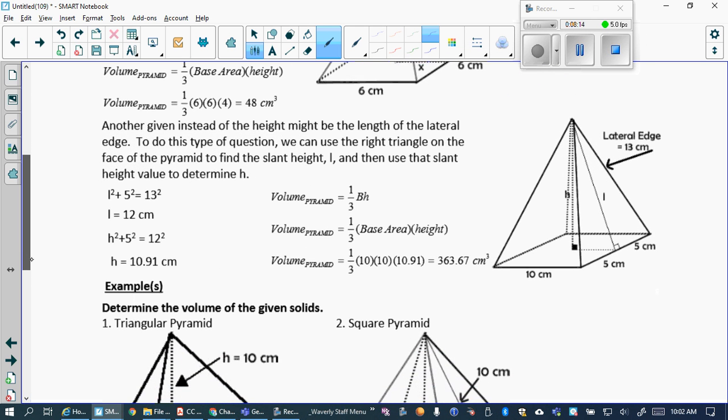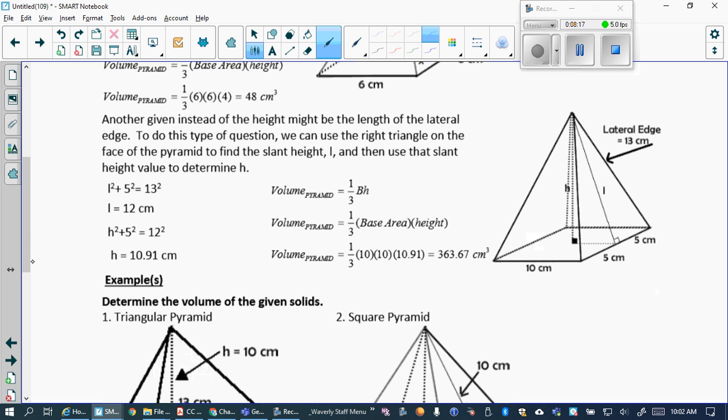The next one, we have a lateral edge. Oh boy, we're going to take a couple steps here, aren't we? So how are we going to get from a 13 centimeter lateral edge to the height there in the middle? Any thoughts on that? It's not the slant height, right?